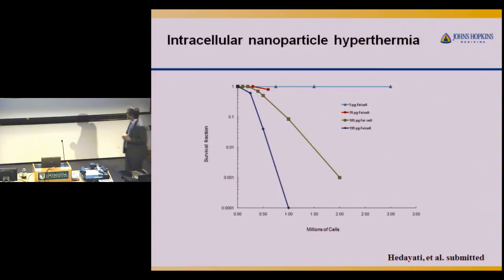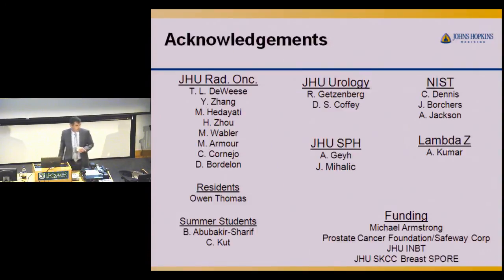Anyways, that is a bit of a controversial point, because for about 20 years, it seems, people wanted to believe that nanoparticle intracellular or cell membrane-bound hyperthermia is somehow better or more effective because it's localized to the cell.